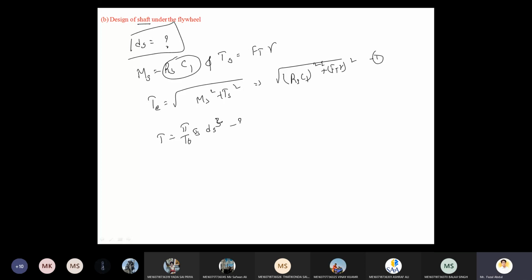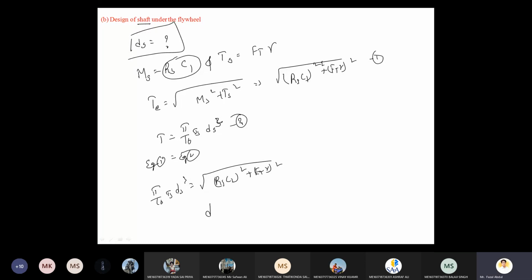This is the second equation. So equating equation 1 to equation 2, pi by 16 into sigma s into ds power 3 equals the square root of R3 C1 whole square plus FT R whole square.